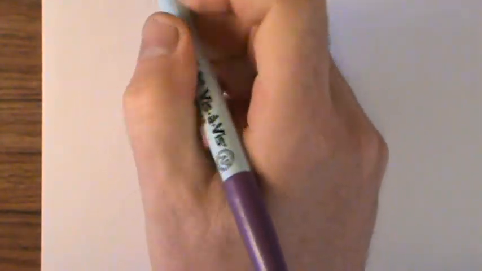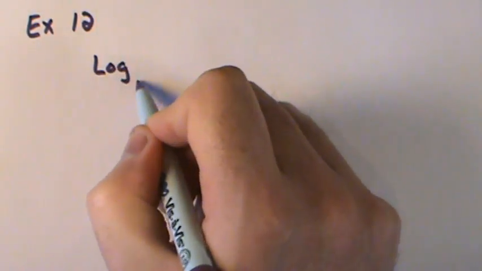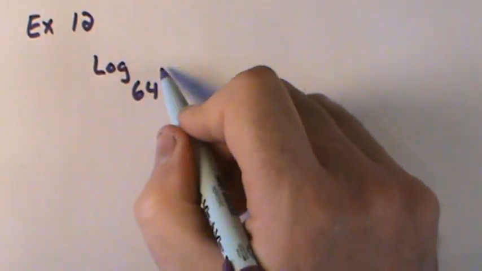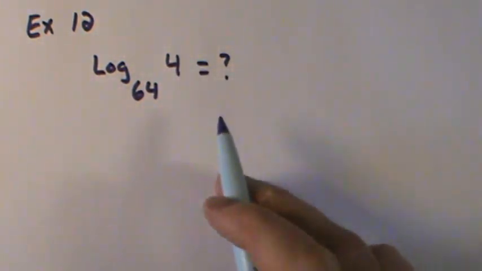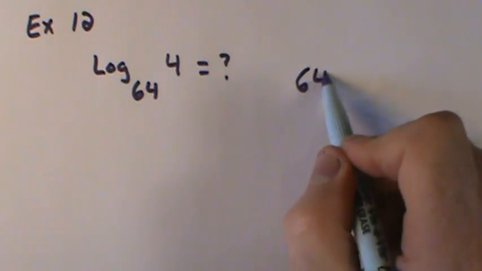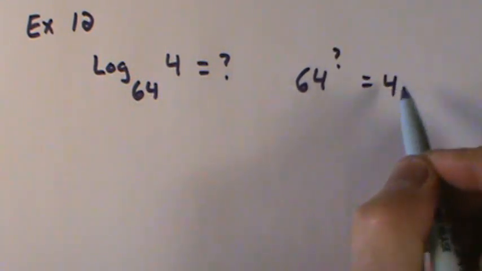Let me do a couple more of these real quick. We'll call this example 12. I've got one that says log base 64 of 4 equals what? So as I look at this, I have to ask myself, 64 raised to what power gives me 4?